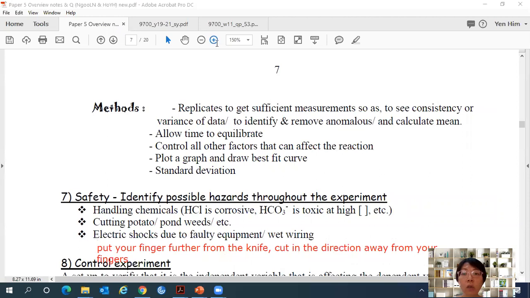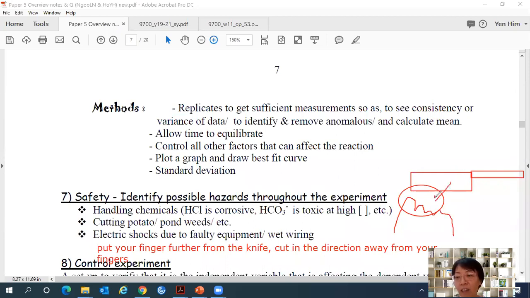That means if you want to cut your potato here, and your knife is up here, you don't want your knife to be cutting in this direction. You want your knife to be cutting in that direction. So your finger will be holding something here, and this is what you want to cut, and you slant your knife so that you cut it.